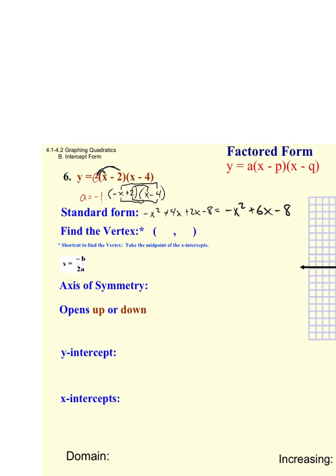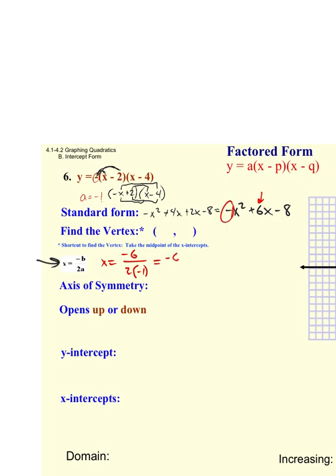So to find the vertex, again, we're going to do this negative b over 2a, and the b here is a 6. The a is technically a negative 1, so we would have x equals negative 6 over 2 times negative 1, since that was the a term, because that negative in front of the x squared made it a negative 1.